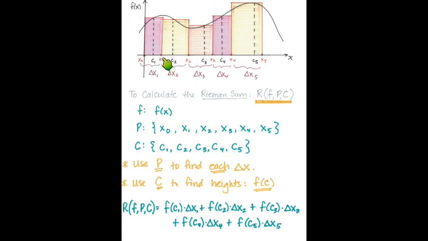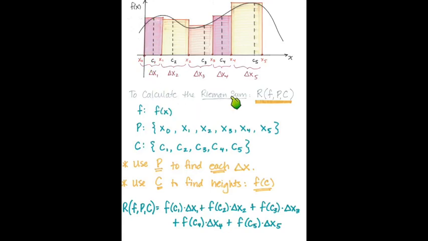You'd subtract the number to the left of it, and that will give you the width of that building. To figure out the area of this pink building, you would take the height, which is f of c sub 1, times delta x sub 1, and that would give you the area of this pink rectangle.